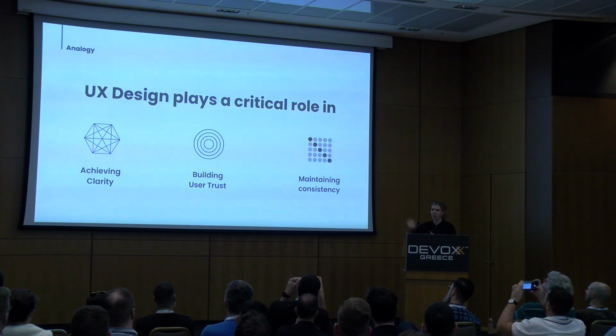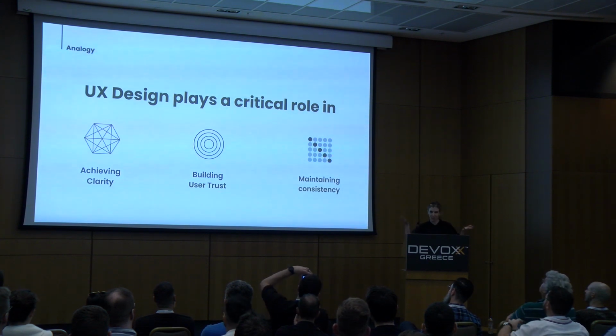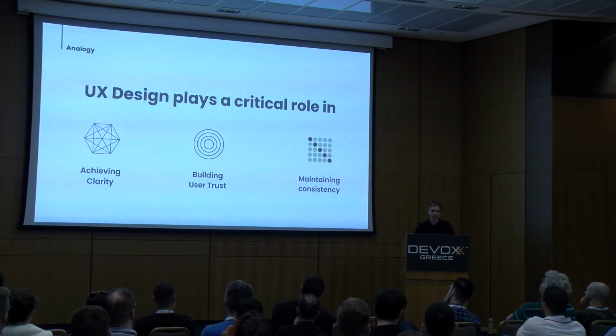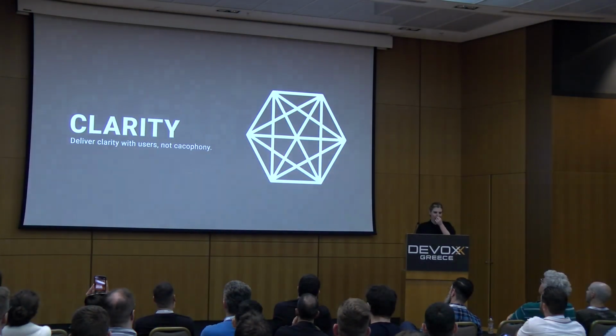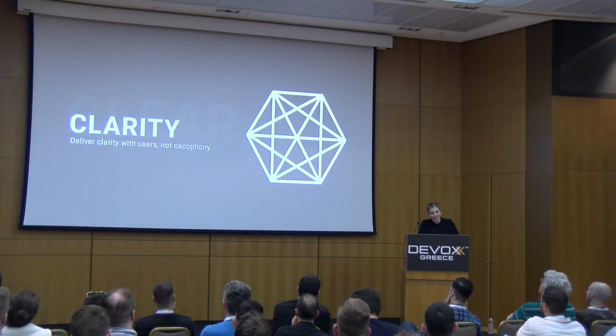So by exploring this analogy, orchestra and monitoring, we'll uncover what UX design can bring to the table and how we can help teams build monitoring and data tools that help them do the job and empower them. And we're going to start with clarity.